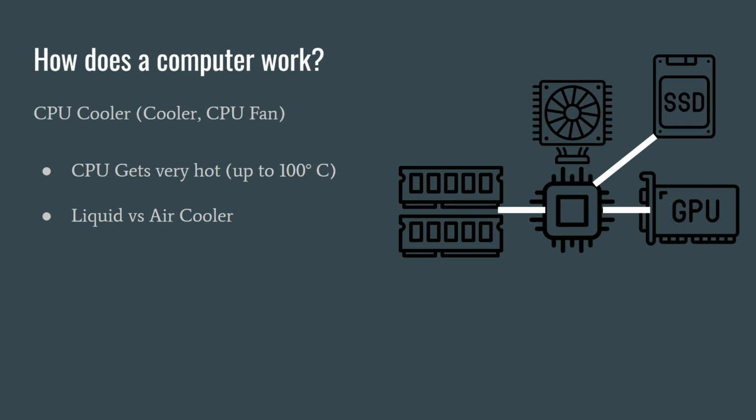And so we need to have a cooler that will pull heat out of the CPU, because if you just have the CPU running without the cooler, and it gets too hot, it'll start to damage itself. There's two categories of CPU coolers: liquid coolers and air coolers. Liquid coolers remove heat with liquid, but air coolers conduct heat into a radiator that removes it into the air.